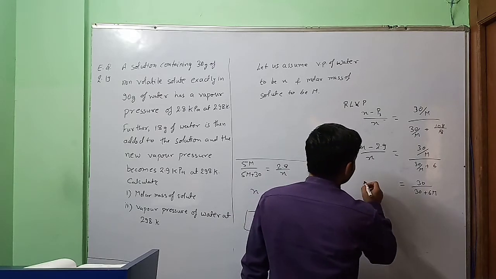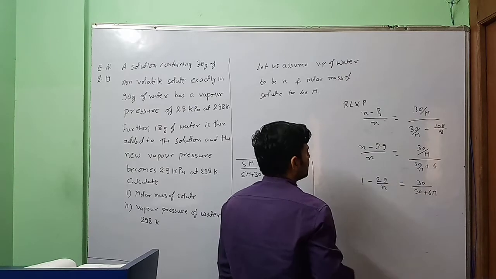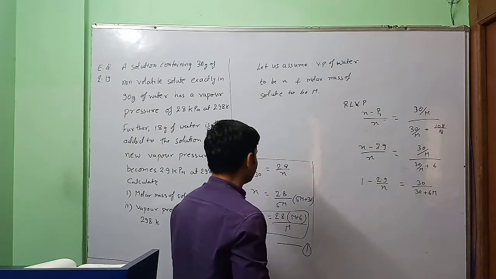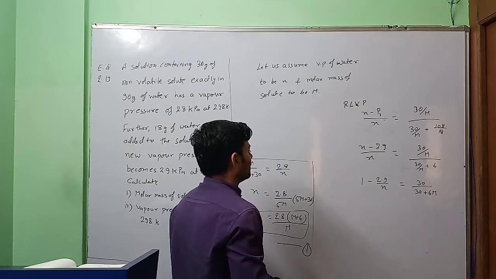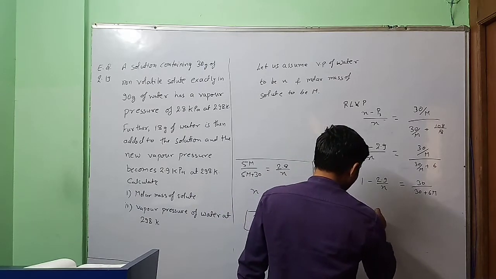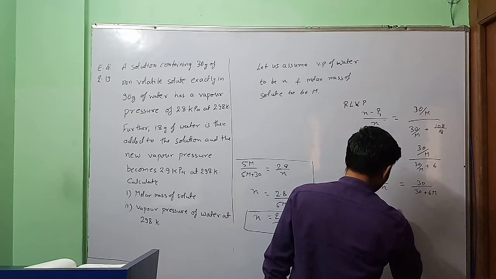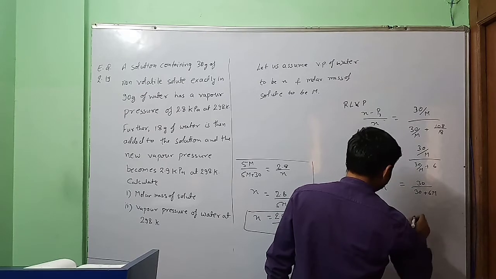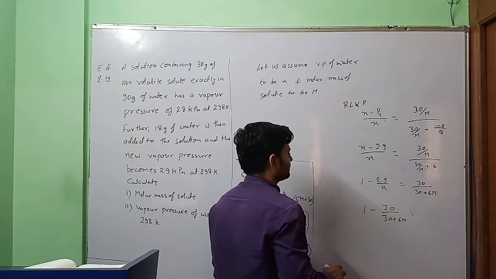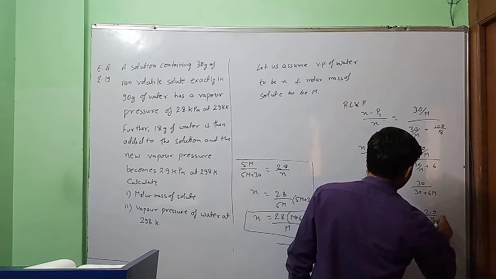On this side, we will get 1 minus 2.9 upon X. So from here we can find 1 minus 30 upon 30 plus 6M equals 2.9 upon X.